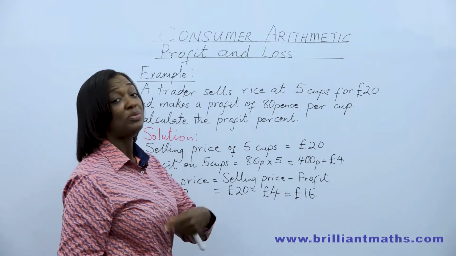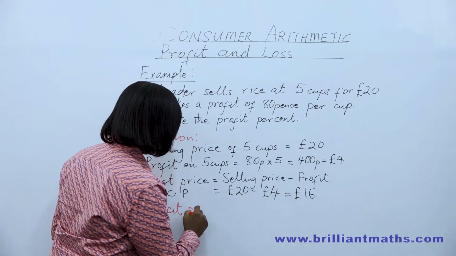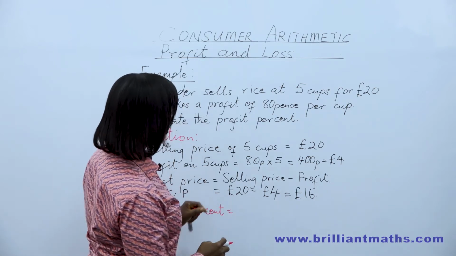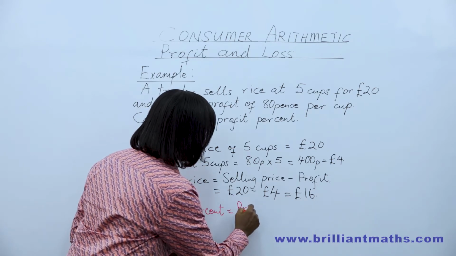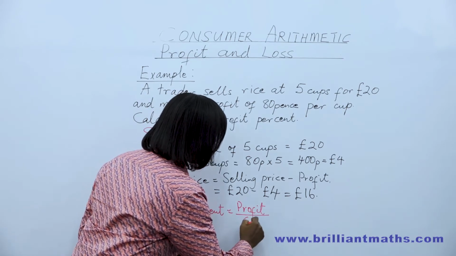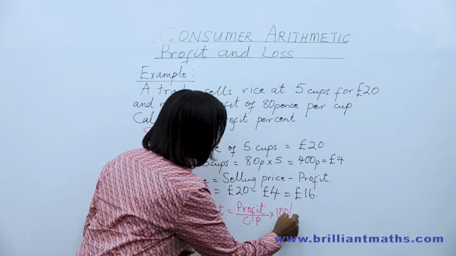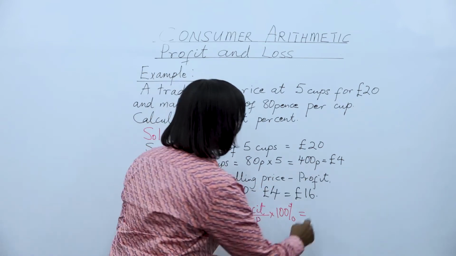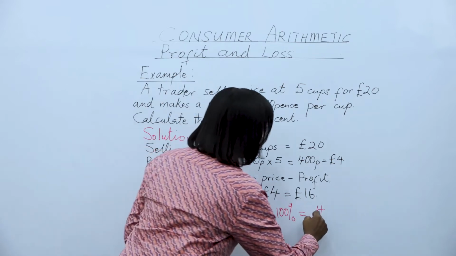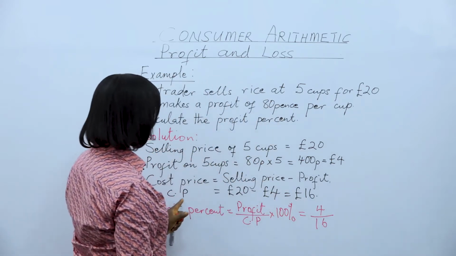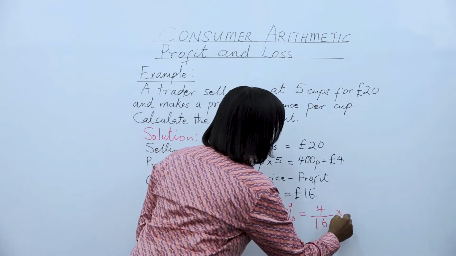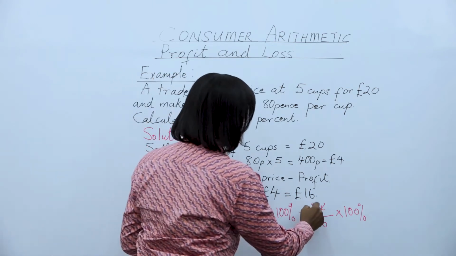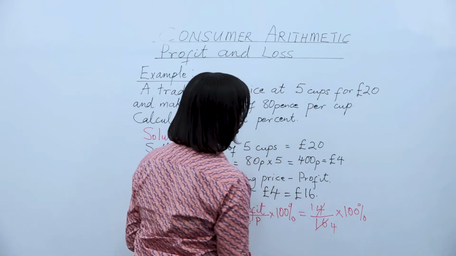So profit percent, we call it profit percent or percentage profit, will be equal to, we said profit percent is equal to profit over cost price times 100%. So we're going to do just that, which is equal to the profit is £4 over 16, because that's the cost price, times 100%. 4 in 4 is 1. 4 in 16 is 4.